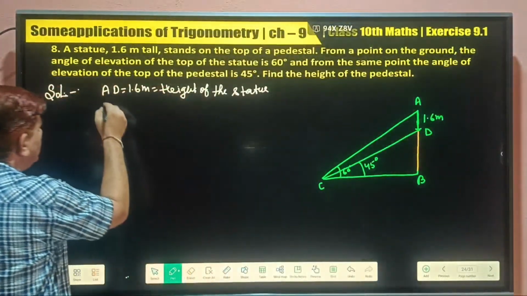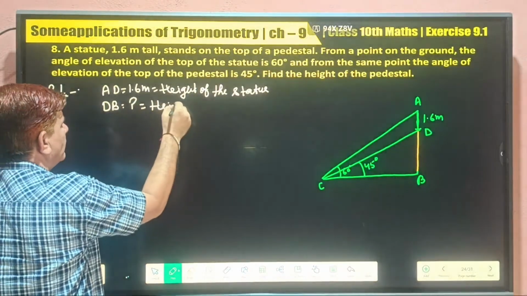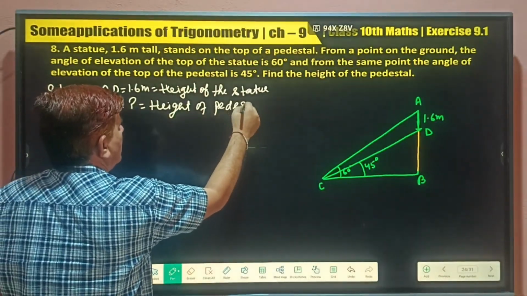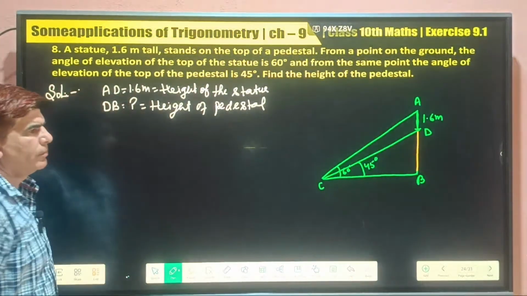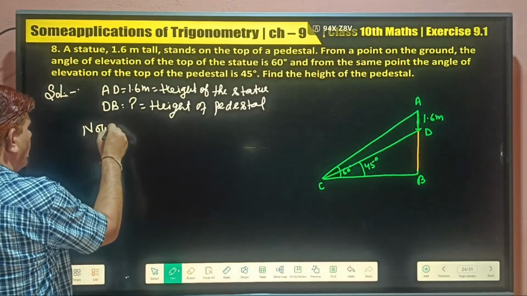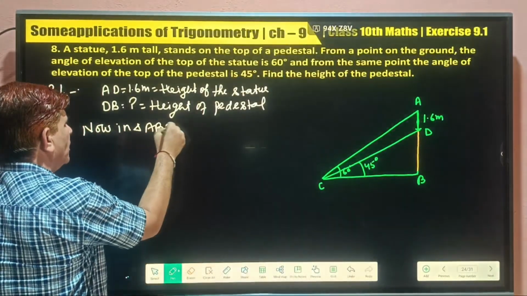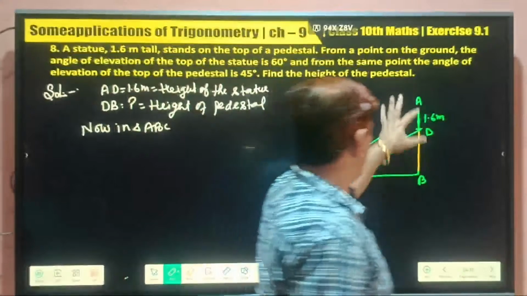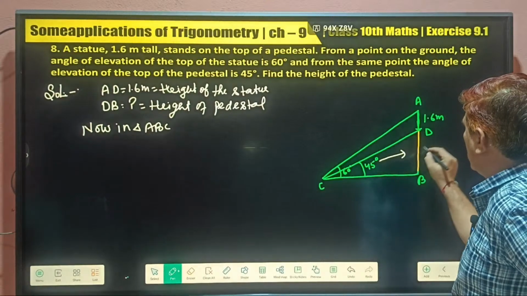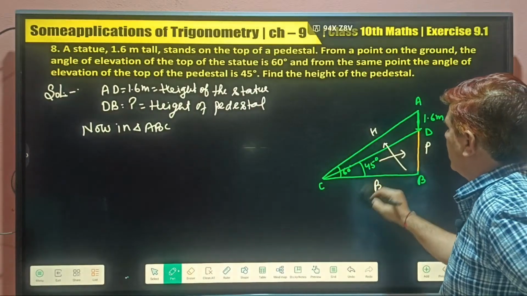DB we have to find out, is equal to the height of the pedestal. Now in triangle ABC, opposite to this angle is always the perpendicular, opposite to the right angle is the hypotenuse, and this is the base.